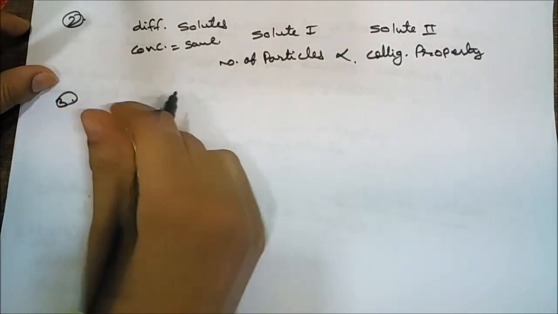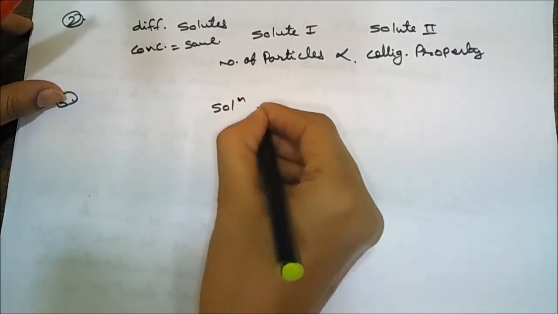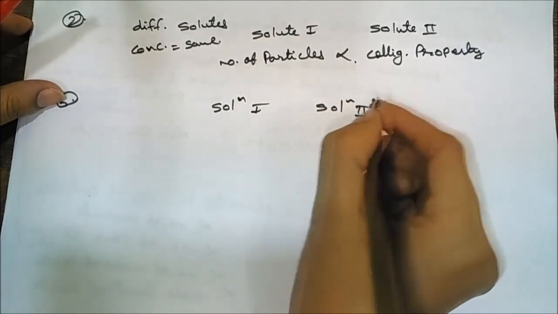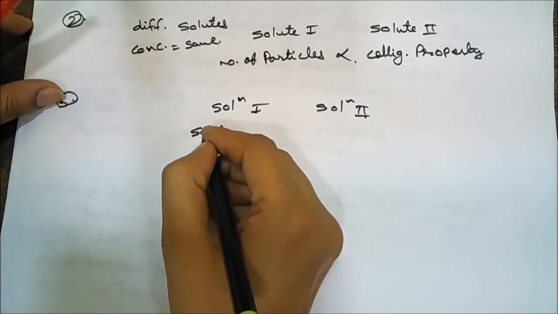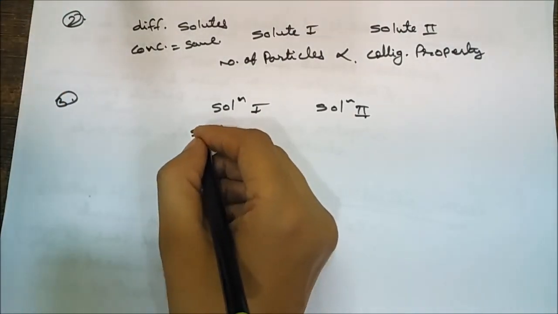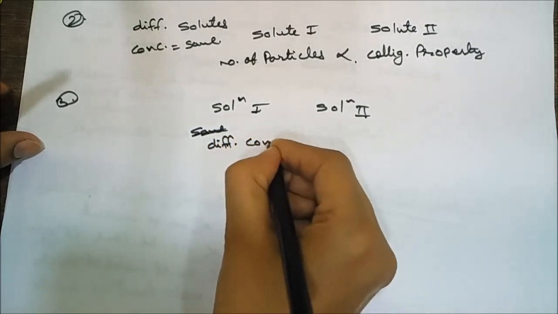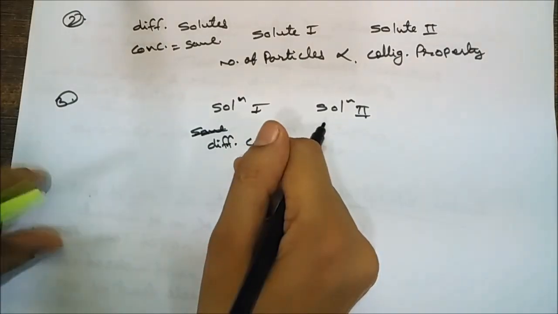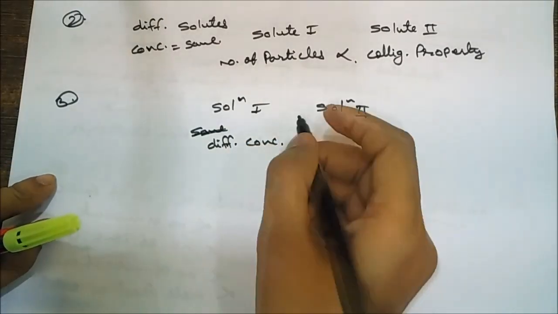If we are taking different solutions, solution 1 and solution 2 of different concentration, then the colligative properties is more for that solution which gives more number of particles on ionization.